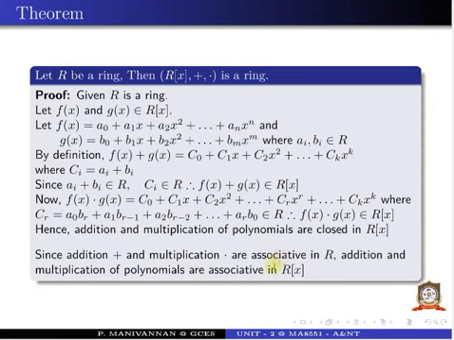So at this stage, R[x] is a semigroup under multiplication. So we have to prove the remaining parts: R[x], plus is an abelian group, and also the distributive laws are satisfied. These are the remaining portions.